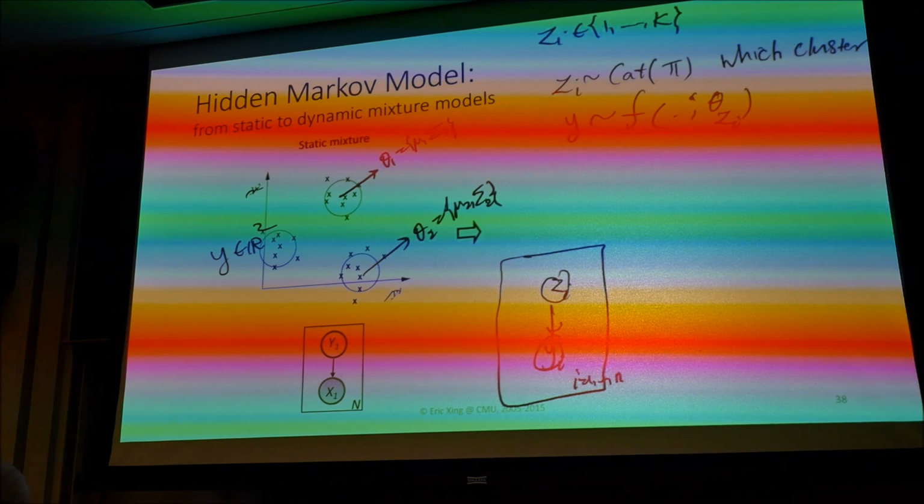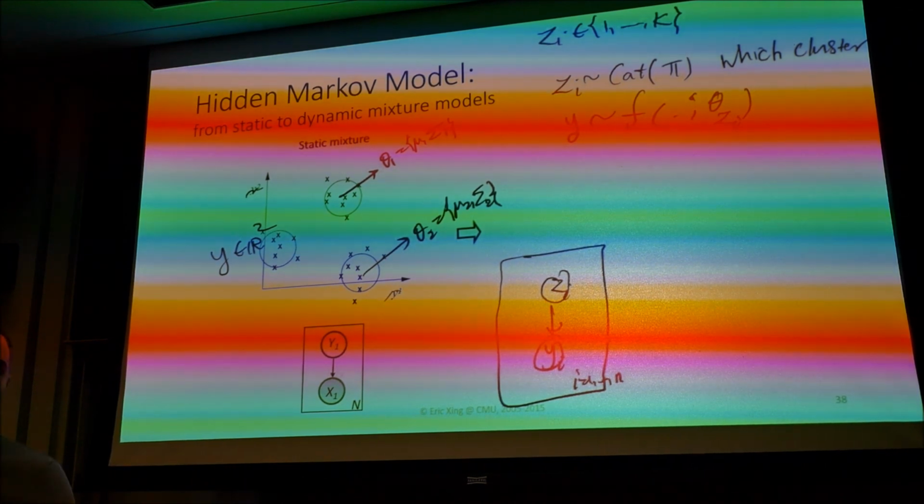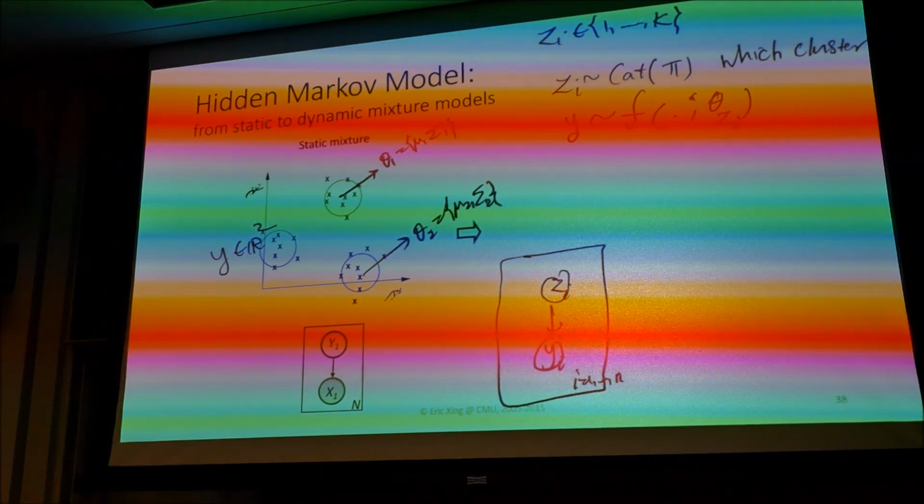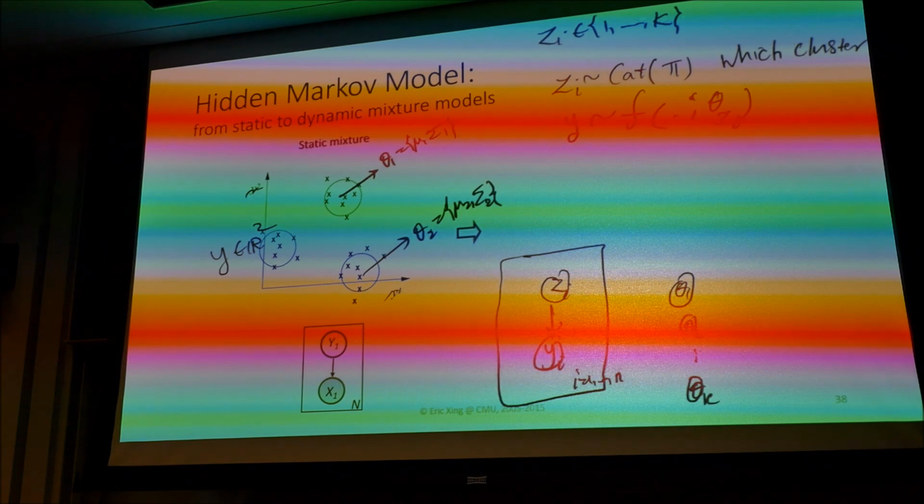Okay, so watch it. If I put it inside, I have to put an index. But this Z is not going with the number of variables, only 1 through K. So I need to have theta 1, theta 2, theta K, and it should be outside because they are not indexed by these plates. They're outside, so they have their own plates.